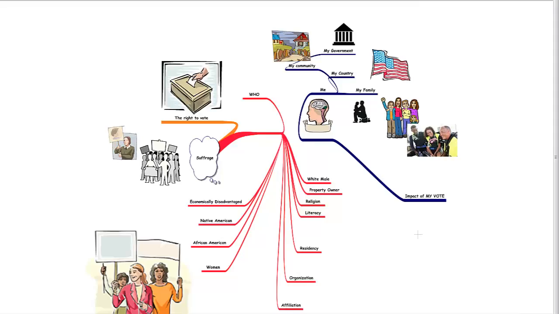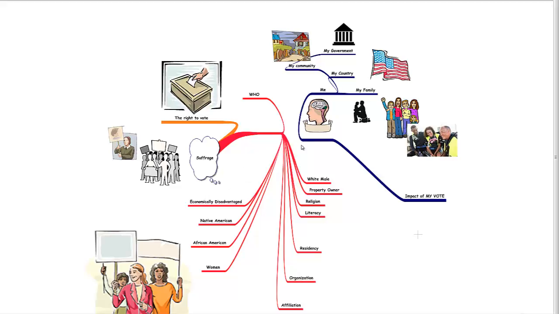In this case, I have developed an Inspiration mind map for our topic, suffrage and the right to vote. You will see here that it starts with an idea, which is suffrage, and is developed into the right to vote and who and the people that are impacted. So all of this comes from this single idea.